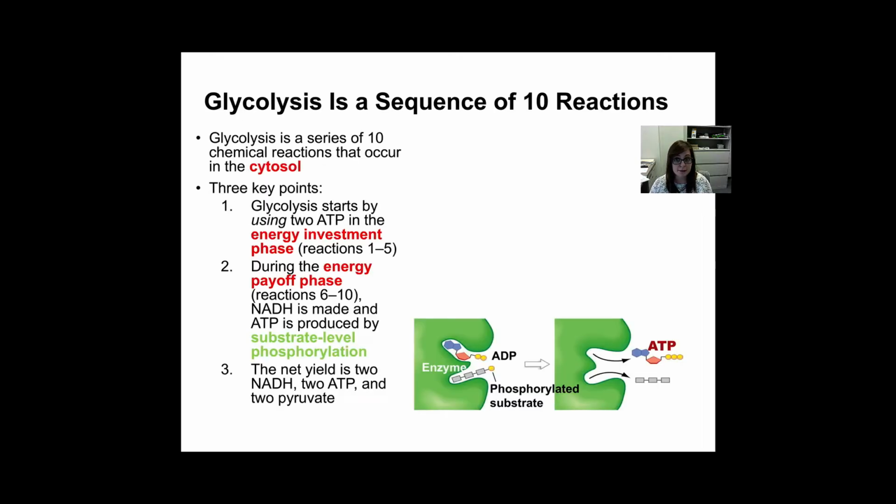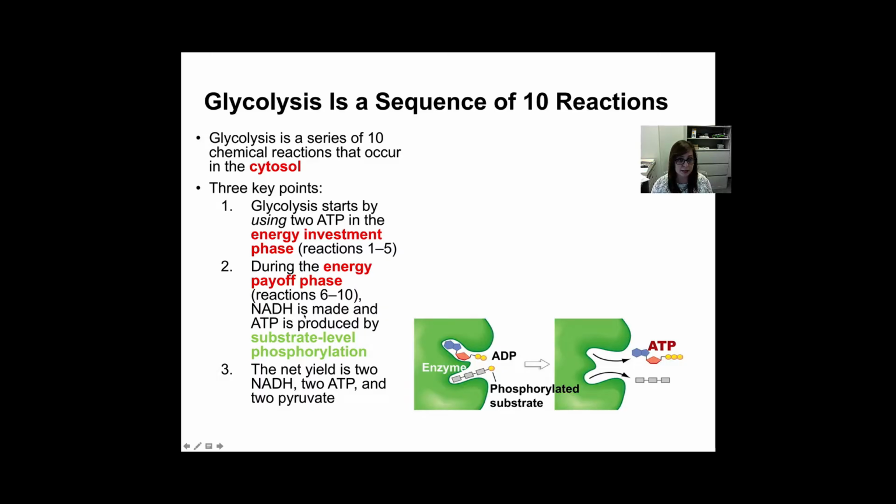Glycolysis is a sequence of 10 reactions, and it occurs in the cytosol. The first 5 reactions are called the energy investment phase. What happens in these reactions is we actually spend 2 ATP to begin to make more ATP. The next 5 reactions are called the energy payoff phase. In these reactions, NADH is made.